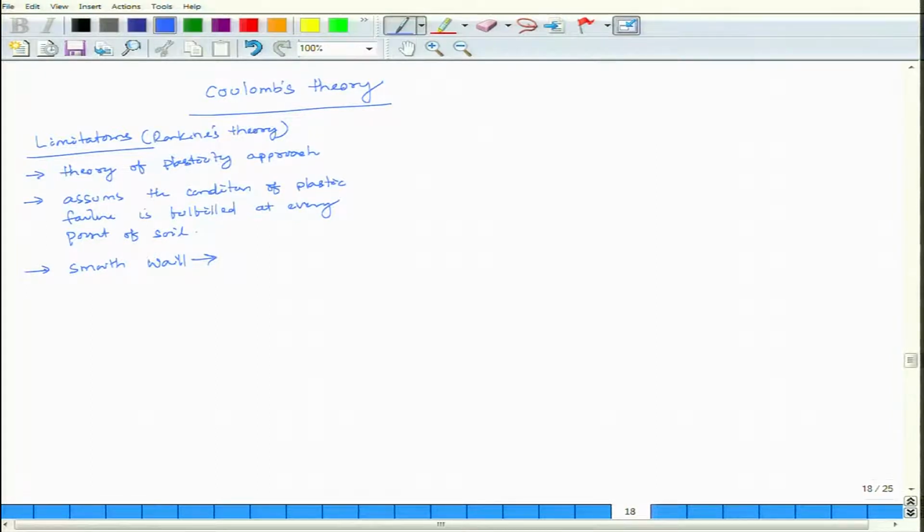So, in Coulomb's theory, what they have considered is the sliding wedge, and second, they have also considered friction between the wall and soil.